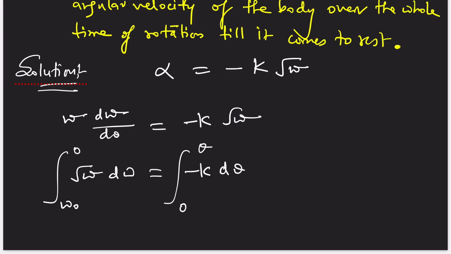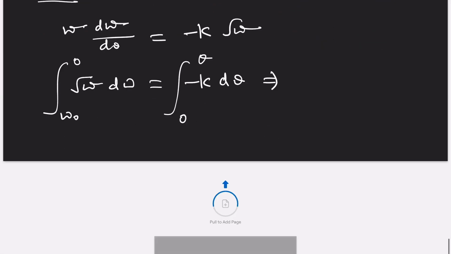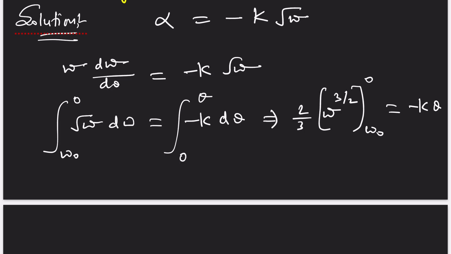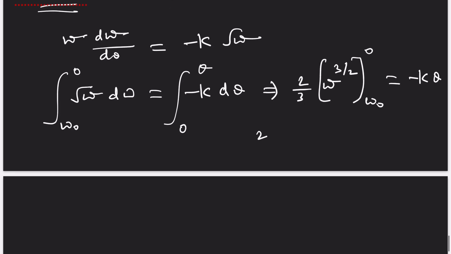So if we do this, we will get 2 by 3 omega to the power 3 by 2, and the limit is 0 to omega naught, and that is equal to minus k theta. If you put in the limits, you will get 0 minus omega naught to the power 3 by 2 is equal to minus k theta.